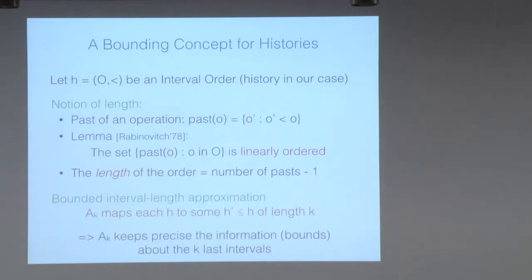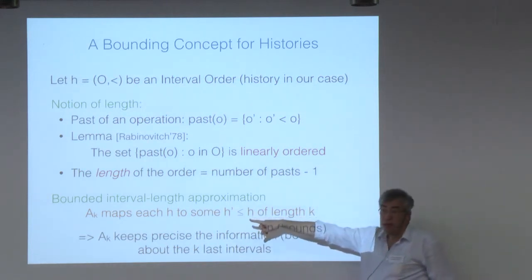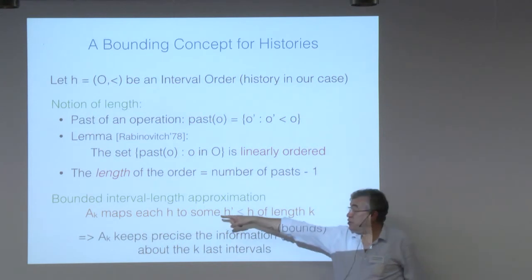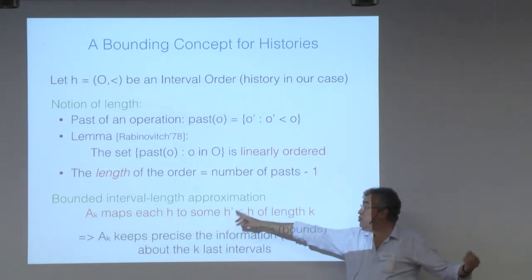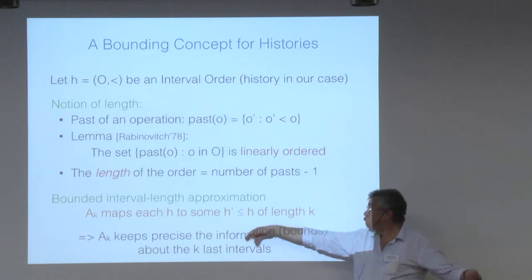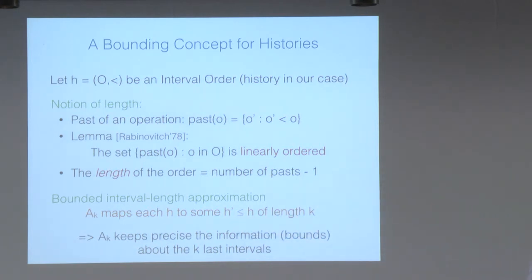And actually, you can define your function A_k by taking any function that associates to some history h a history h prime, which is smaller, and which is of length k, or at most k. For instance, we take this history and keep precise the last k intervals, and the rest is just collapsed into one. And this gives us our approximation.